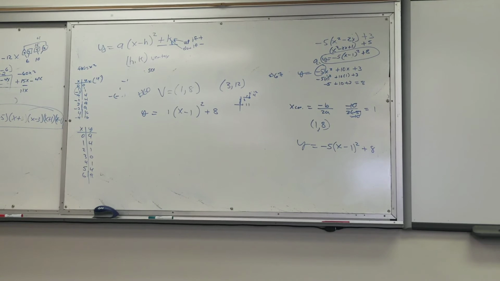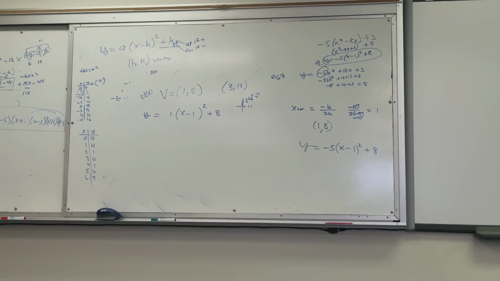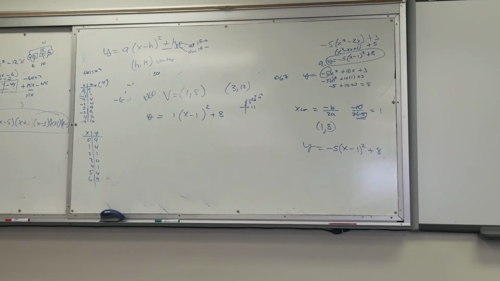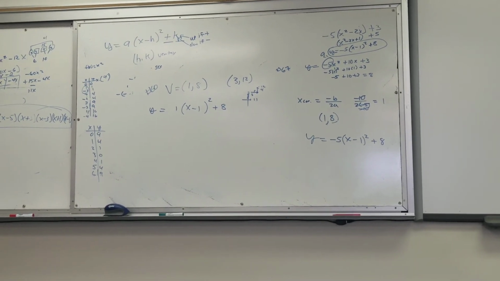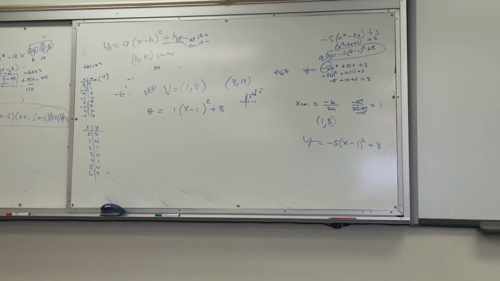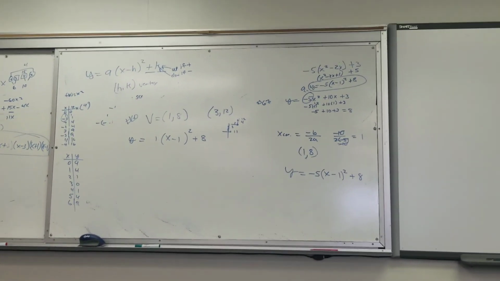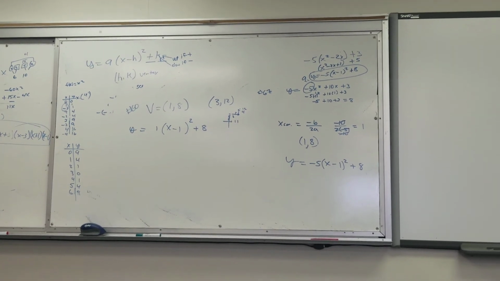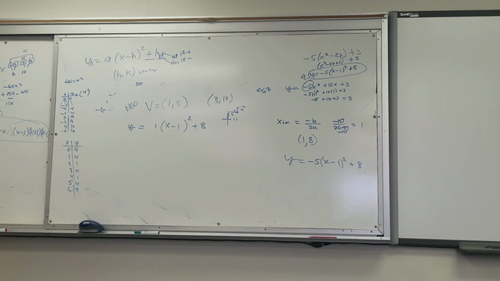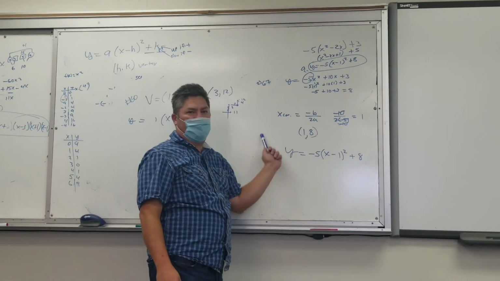Then complete the square by asking what is going to make this a perfect square trinomial. Whatever the number in front is, multiply that to what you added on the inside, and do the opposite on the outside. Because I've subtracted 5, I've got to add 5. That gives me my 8, and the same exact equation. And I didn't have to find the vertex. I didn't have to plug in a value. So there are 2 ways to do this really, but this is the way that you've been taught so far.